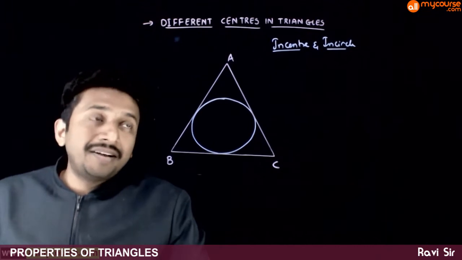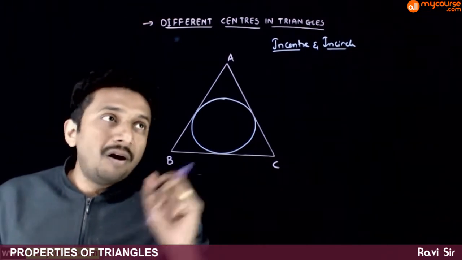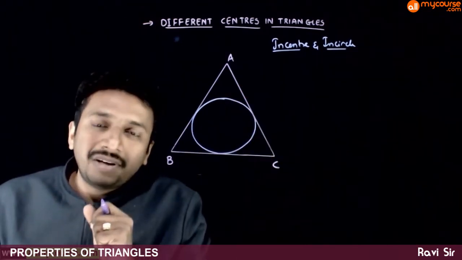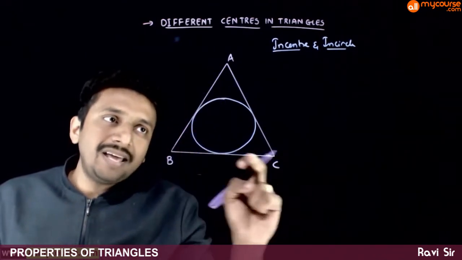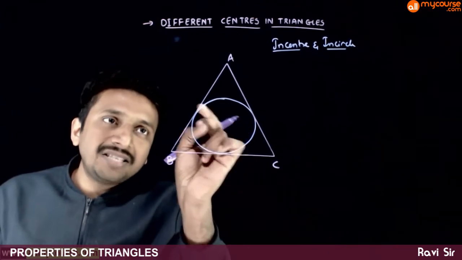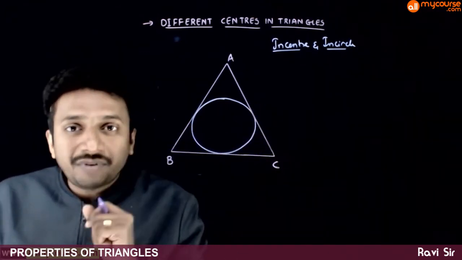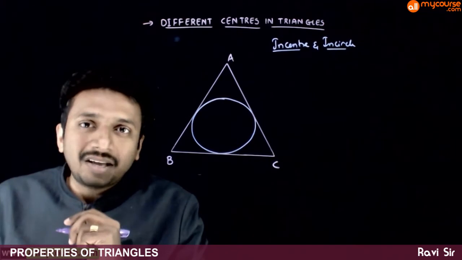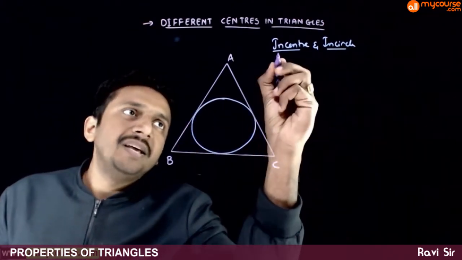In this video, let us look at the topic of incenter and incircle of a triangle. If you take ABC as a triangle, a circle which touches all the three sides of the triangle is called the incircle of the triangle ABC.